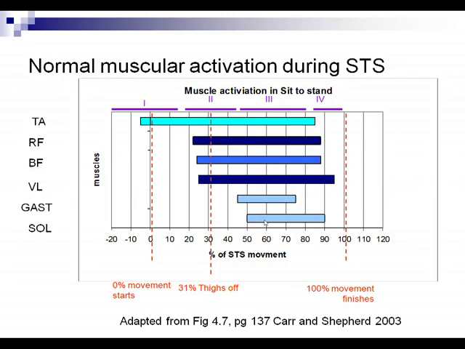Now, a muscle that's not represented here is iliopsoas, and it's likely that hip flexion is initiated by iliopsoas. And as I said earlier, this is only looking at lower limb muscles, but core muscles of the trunk and abdomen are going to be really important as well to stabilise and extend the trunk.